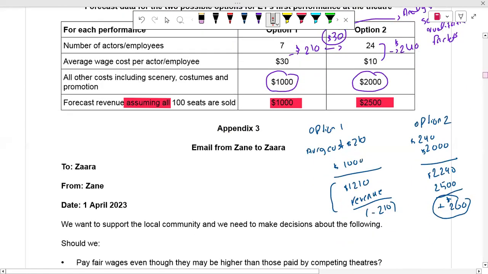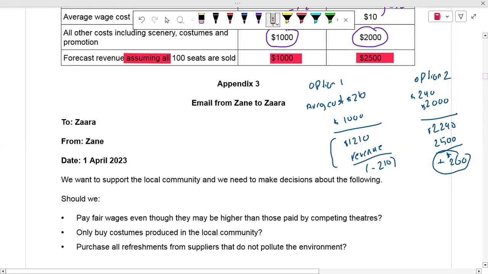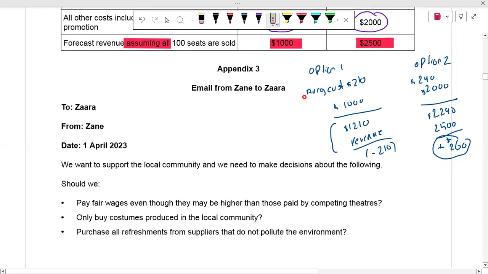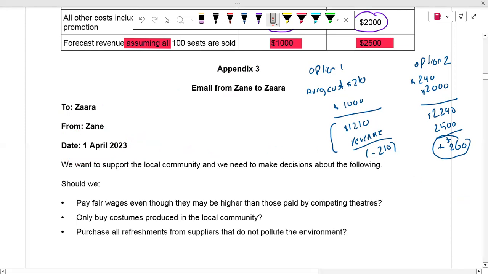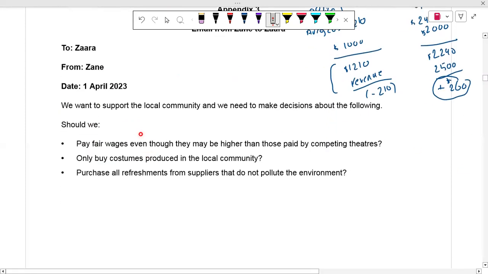Okay, so after that we have Appendix 3. In Appendix 3, there is an email from Zani to Zara, dated 1st April 2023, saying that we want to support the local community and we need to make decisions about the following.